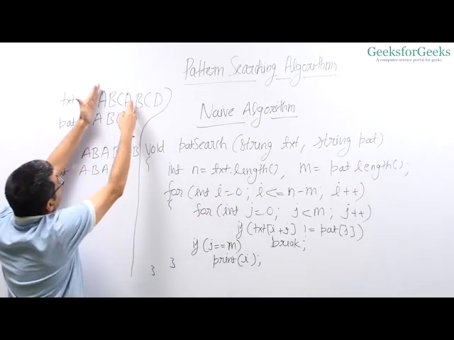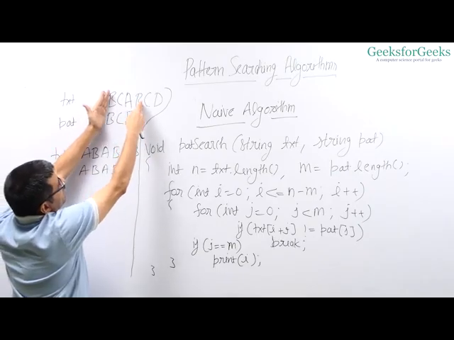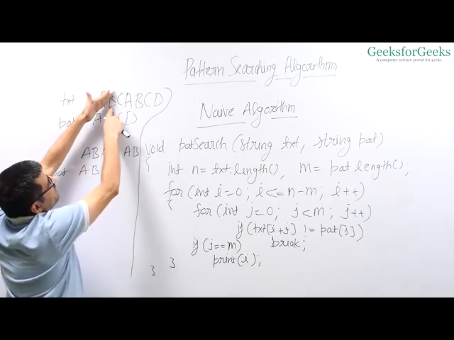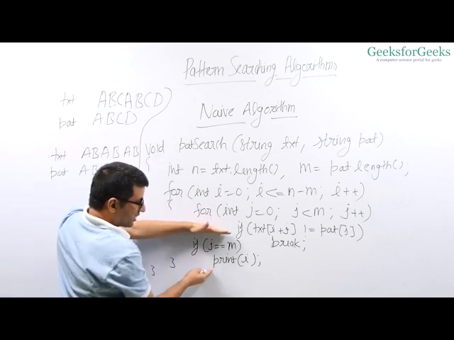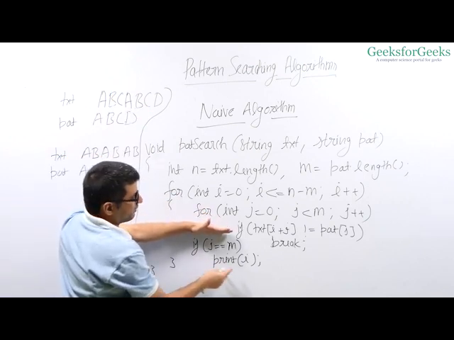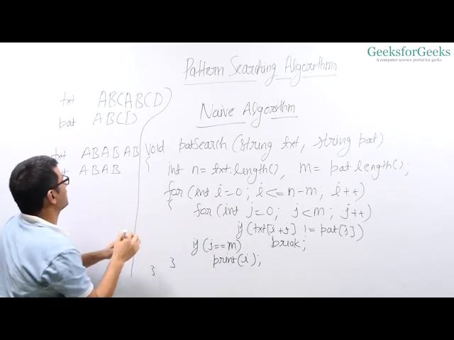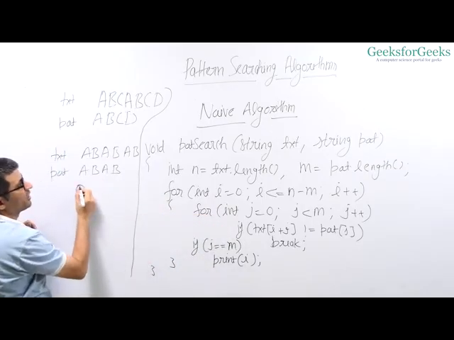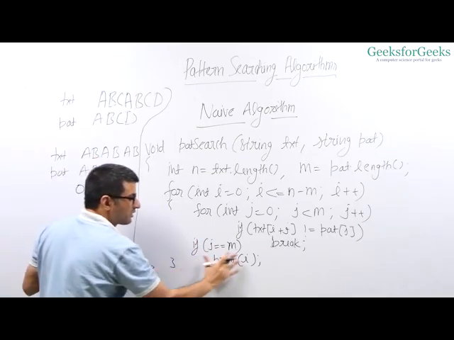So we started this window. We found a mismatch here. We move to the next window. We found a mismatch at the first position itself. We move to the next window. And if all characters match, we print the window position. Okay, we found a match here. That is how we print all the windows. So in this example, we'll print 0, then we'll print 2, right? That's how we get all the windows one by one.